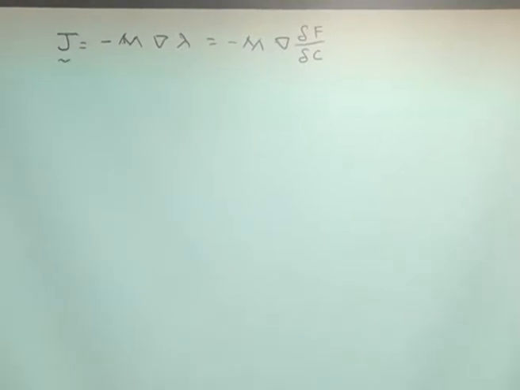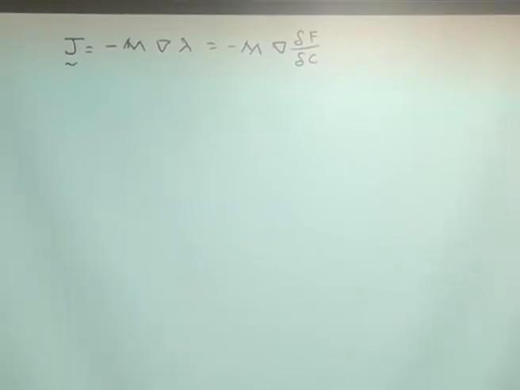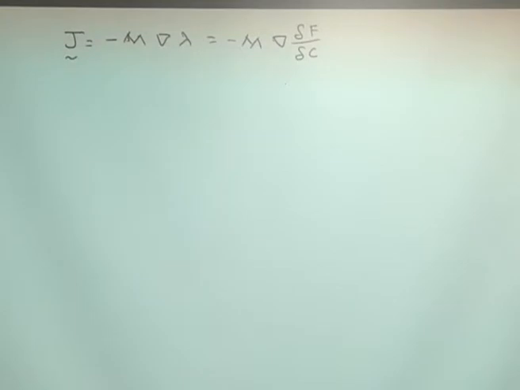So remember when we developed the Cahn-Hilliard equation, the gradient of the generalized chemical potential, which you can write as the gradient of the functional derivative. You'll see that notation used before.